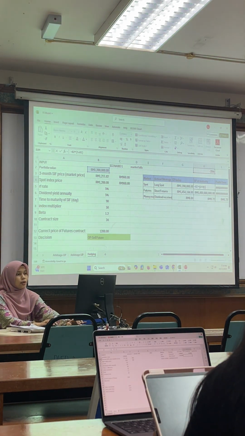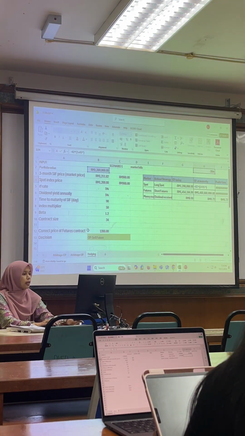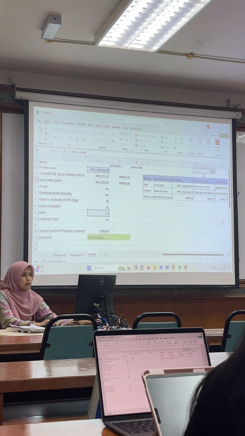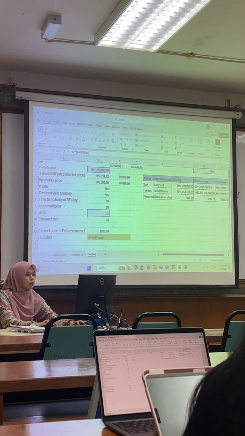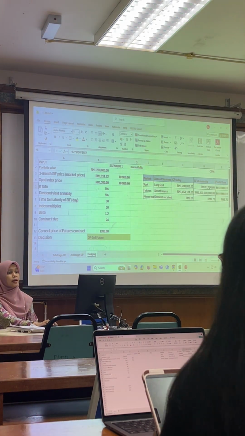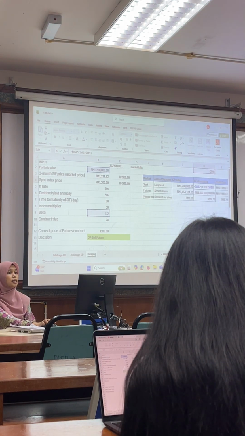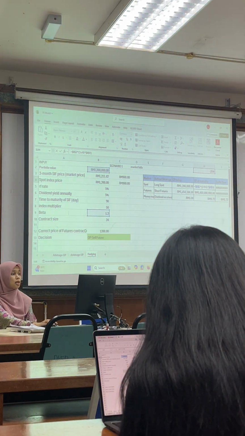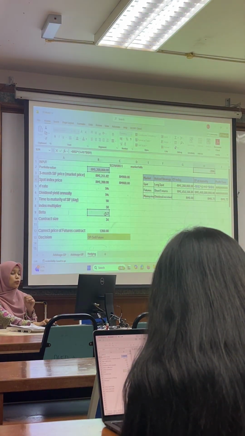So that's why you need to adjust with the beta here. Everyone has a number. Why do I need to adjust it? Because your beta will be different, 20% more.